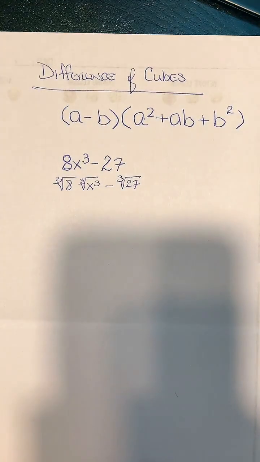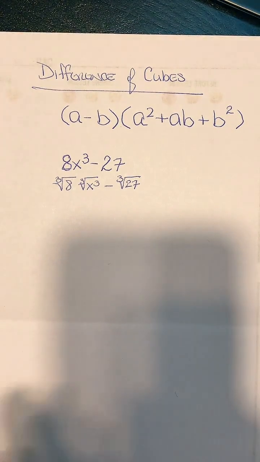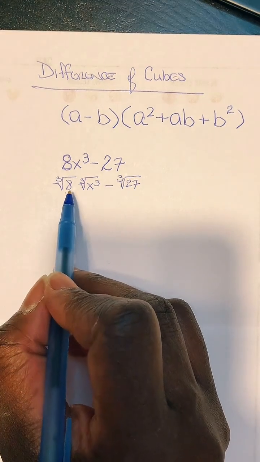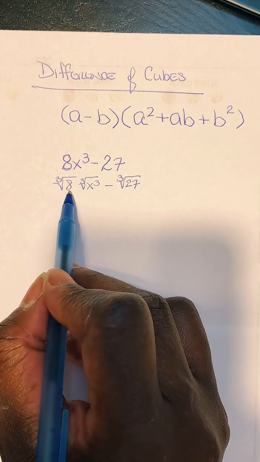We got squares down packed, but when it comes to cubes, we all got to stop and think. What multiplied by itself 3 times will give me 8?